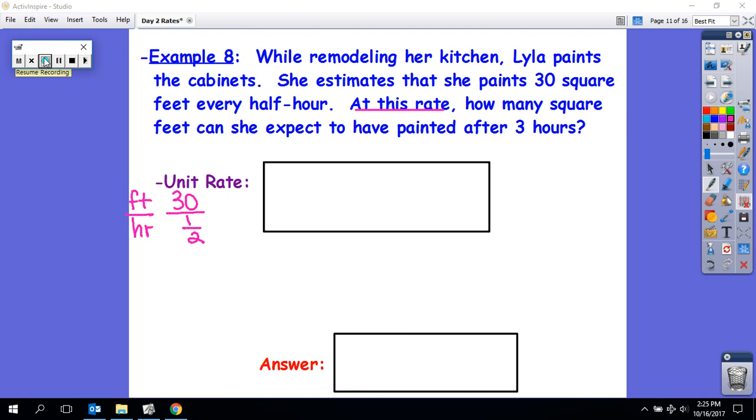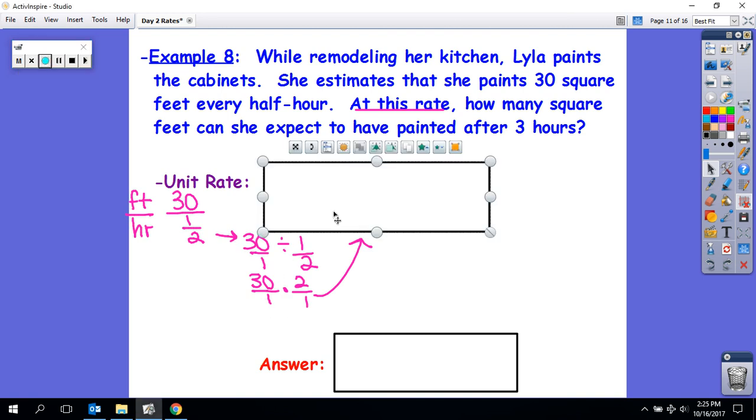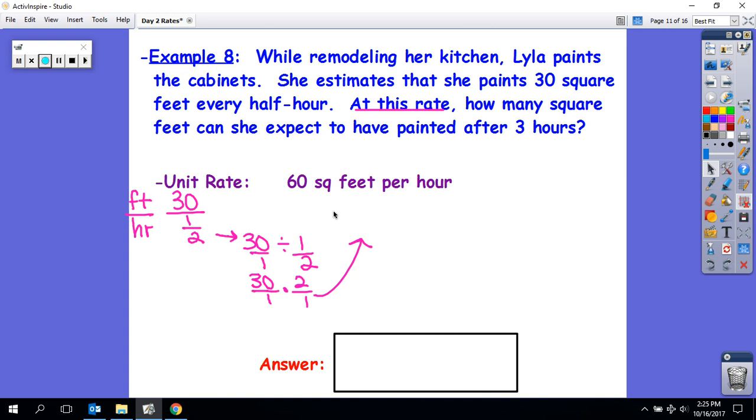This is a complex fraction that we're also going to have to do keep, change, flip. Once you do keep, change, flip, you end up with her unit rate being 60 square feet per hour. So after 3 hours, 60 times 3 means that she could have expected to paint 180 square feet.